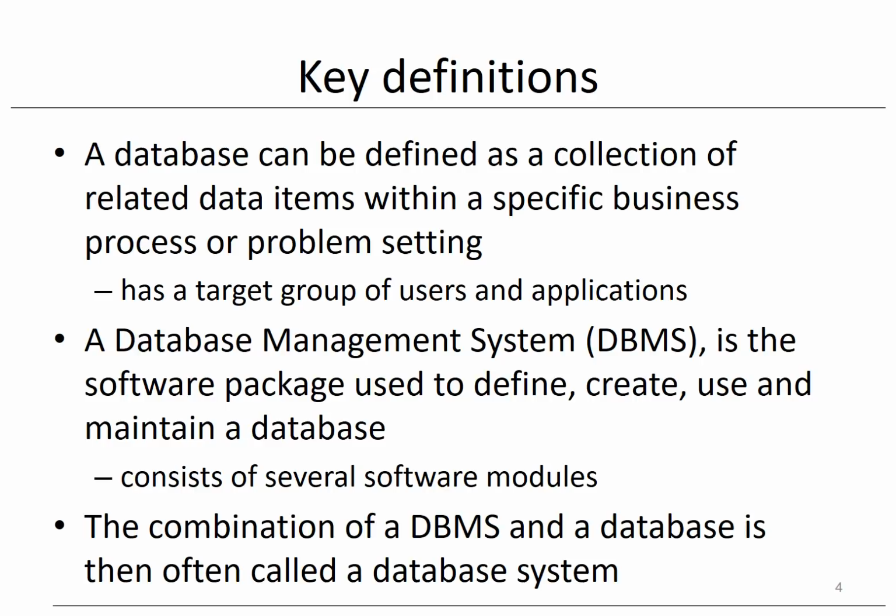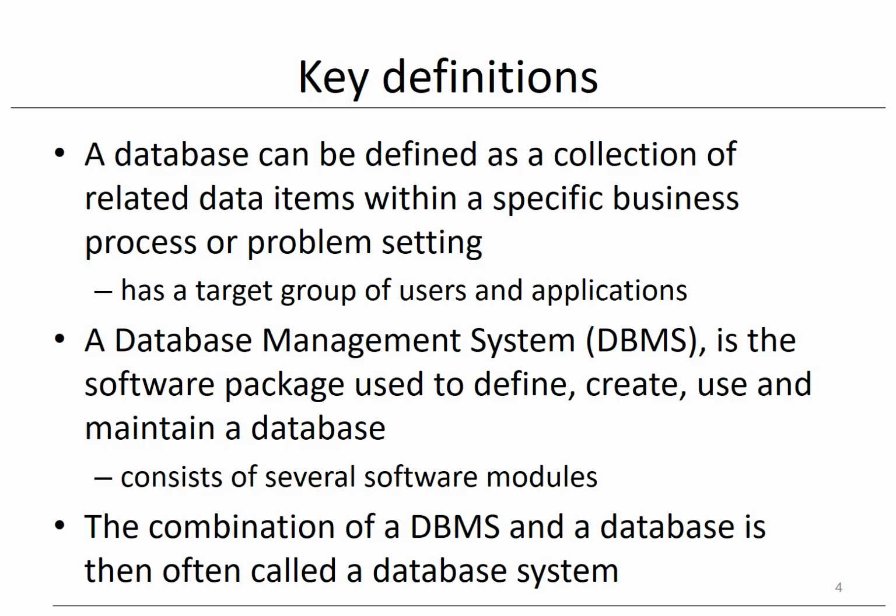We briefly introduced the concept of a database by exploring the various types of databases you may encounter every day. A database can be defined as a collection of related data items within a specific business process or problem setting.